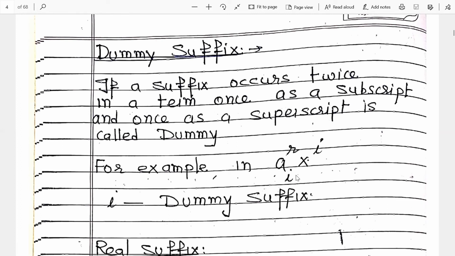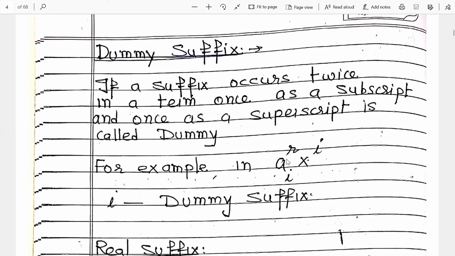Now in this term, i occurs twice, in the first term as a subscript, in the second term as a superscript. So this is called a dummy suffix.